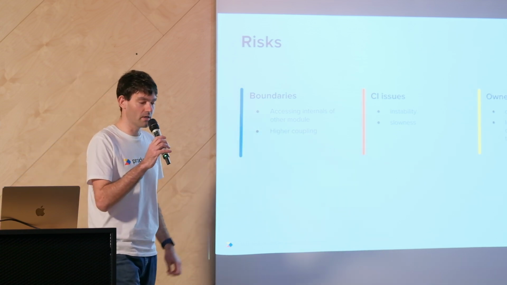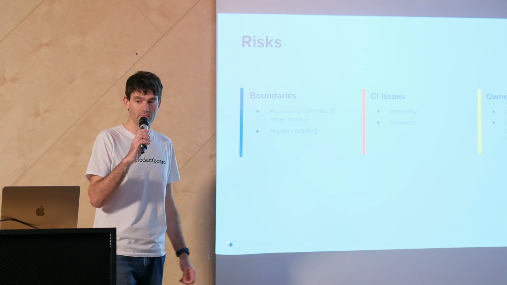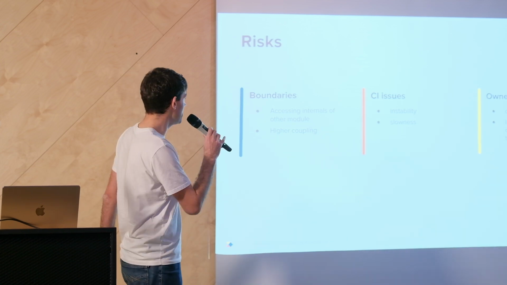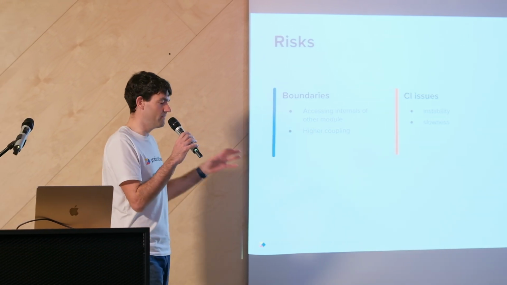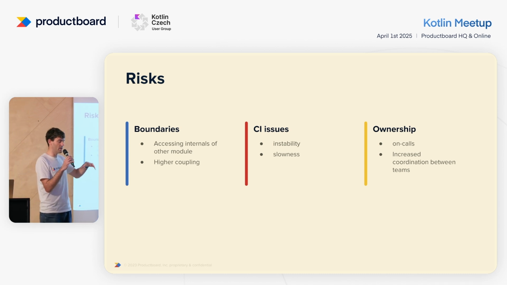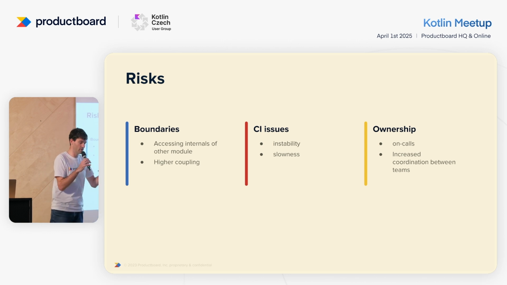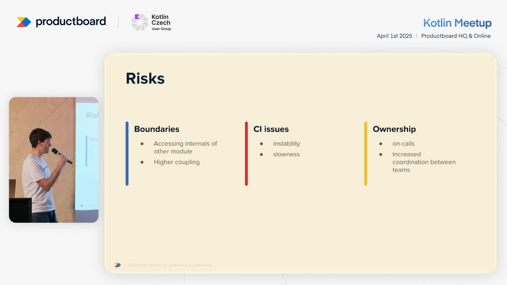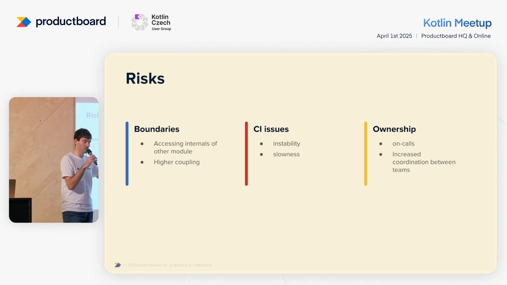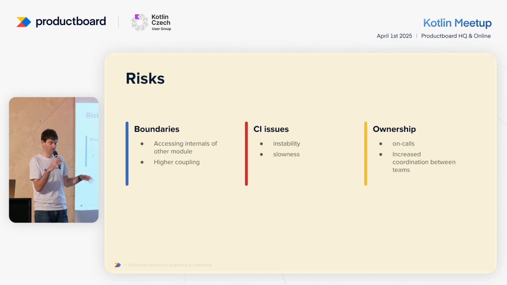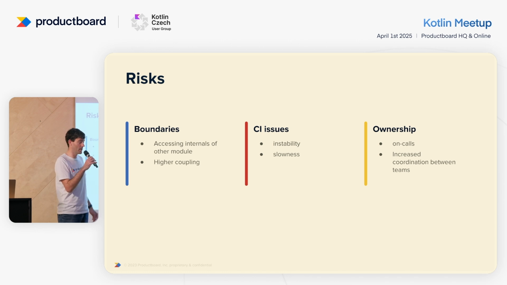We knew that bringing a new architecture can bring some risk, and we should tackle them. We should be aware that we should not access internals of other modules, because when you have one code base, there is a risk of higher coupling. When you have a huge code base and a lot of modules, you can have slow CI pipelines, and different modules can have flaky tests, so there can be pipeline instability.